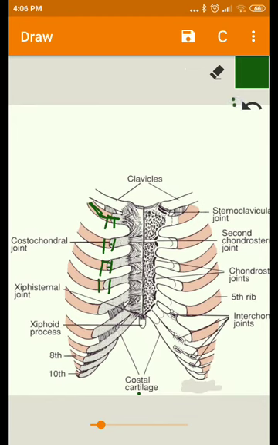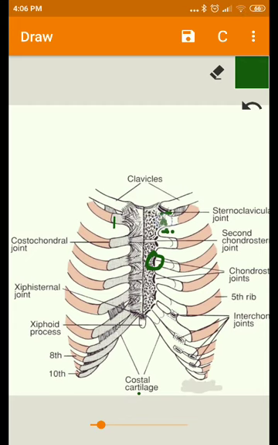And the next joint is the chondrosternal joint. Here you can see the costosternal joint very clearly. The first chondrosternal joint is a primary cartilaginous joint. It does not permit any movement.